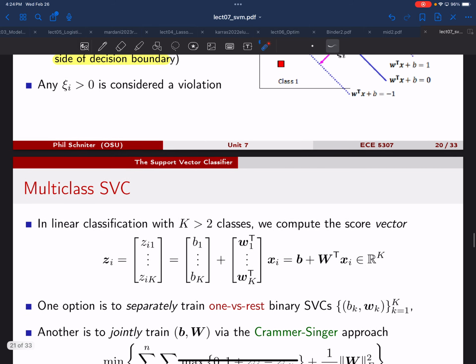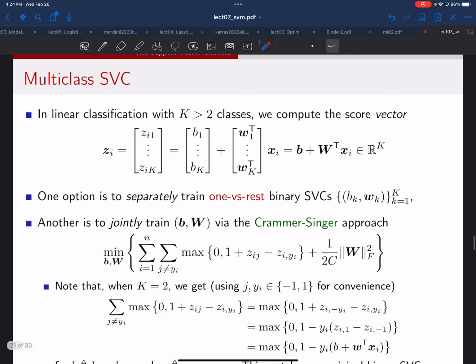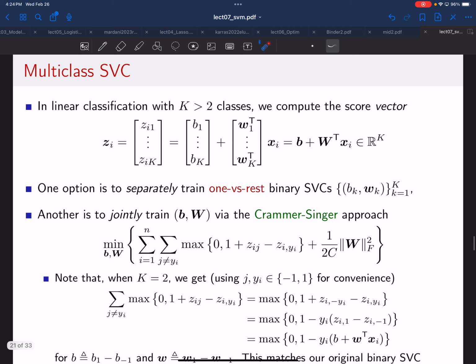Okay, so just a few more things to talk about with the SVC. What happens if we have more than 2 classes? So in that case, because we're doing linear classification, all our linear classification methods work like this in the multi-class scenario.